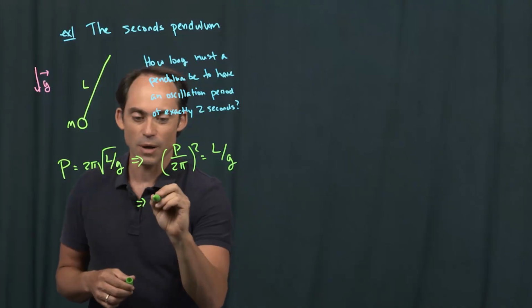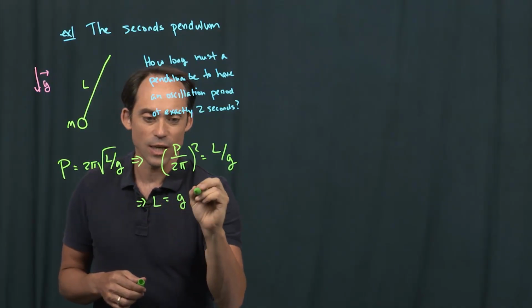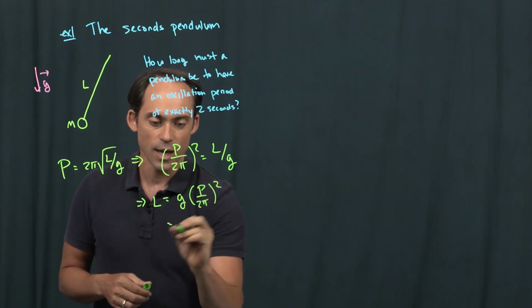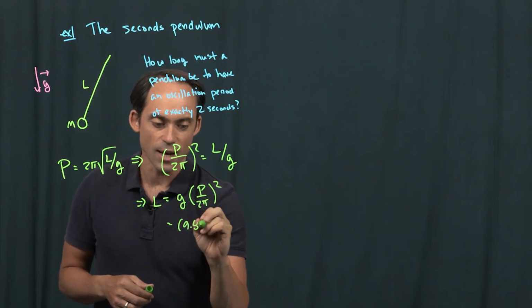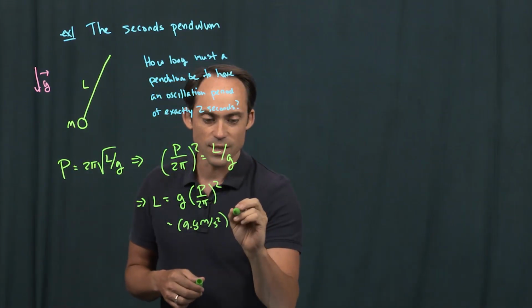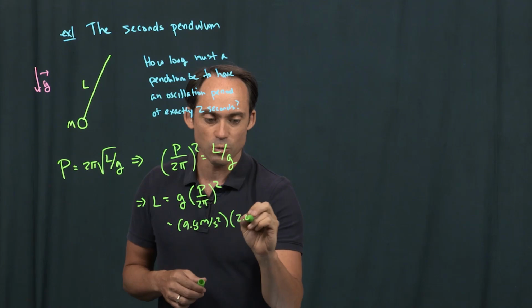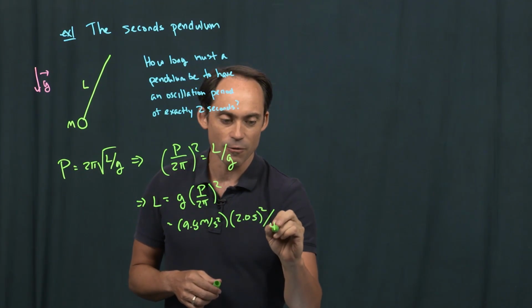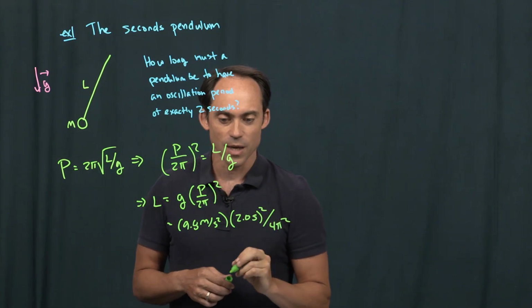And then we can just multiply both sides by g to get our expression to solve. All right. And putting in our numbers, we've got 9.8 meters per second squared, we've got a period of 2.0 seconds squared, and we're dividing by 4 pi squared.